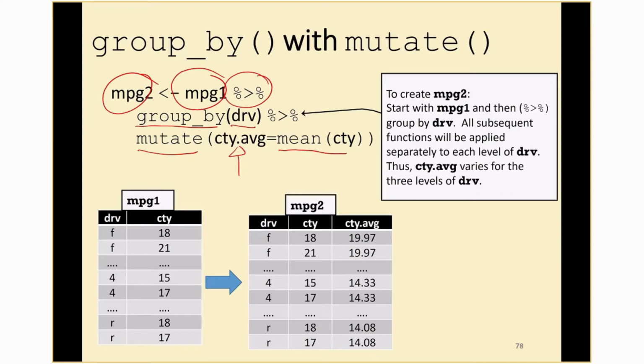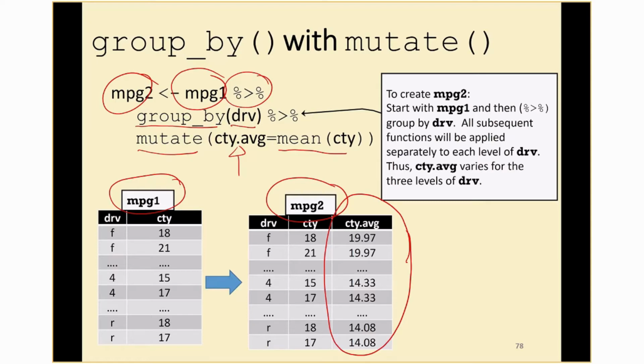So one way to think about it is, if I compare the new data frame with the old data frame, I'm going to have all of the records. I'm going to also have all of the variables of the old data frame. But by virtue of using the mutate function, I'm going to have created this new variable, city average.